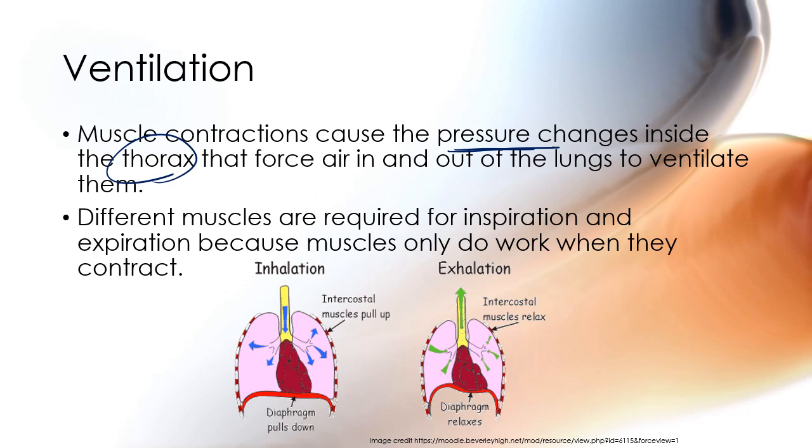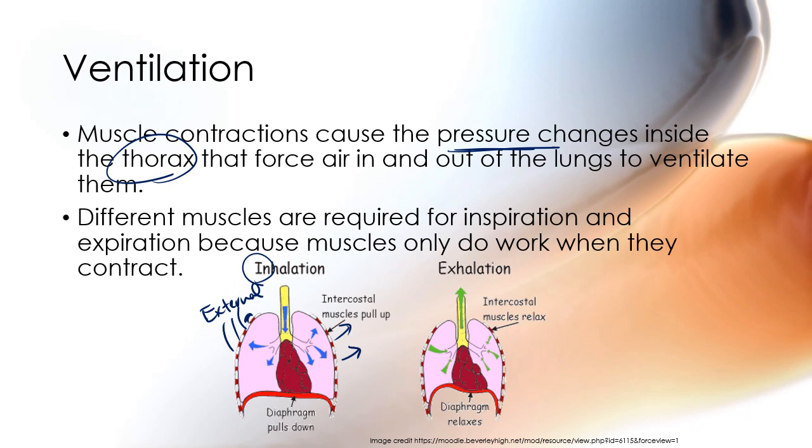The next slide has lots of words. So listen to the words and then we'll read the words. So when we inhale, inspiration, inhalation, we're going to contract the external intercostal muscles. That's going to pull the ribs up and away from the lungs.